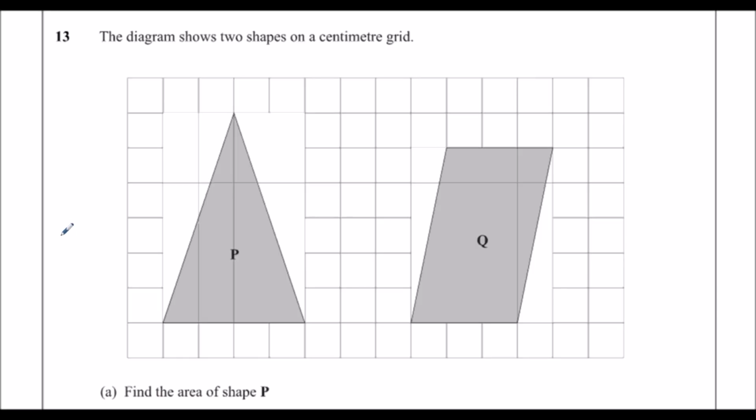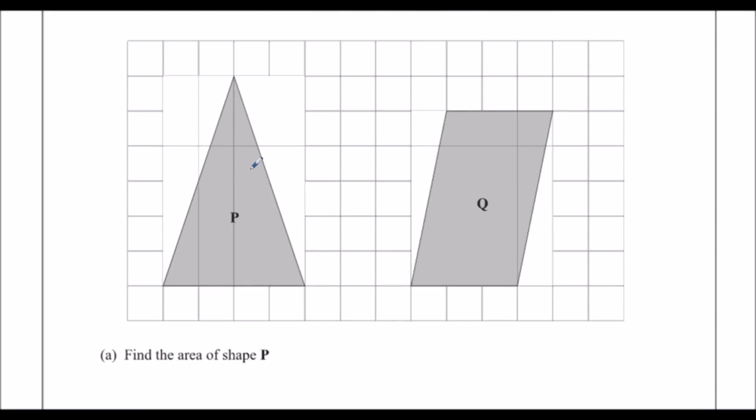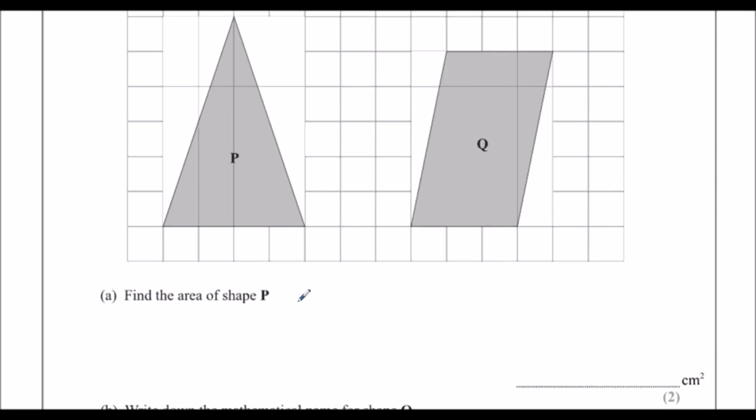Question 13. The diagram shows 2 shapes on a centimeter grid. Find the area of shape P. So the squares haven't come out very well on this copy of the paper, but the area of a triangle can be found by doing half times the base times the height, or base times height divided by 2.